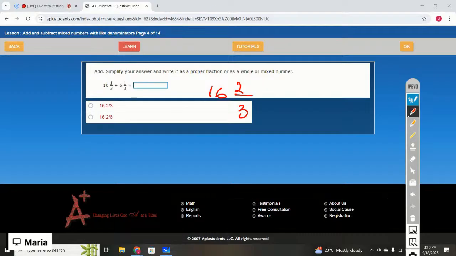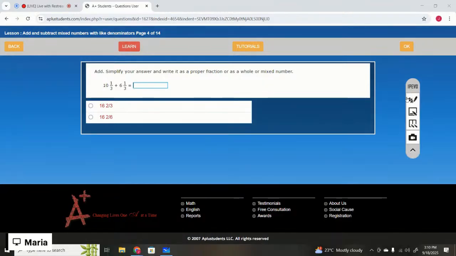So that is 16 whole 2 by 3. Sixteen whole 2 by 3. Option number 1 is the correct option.